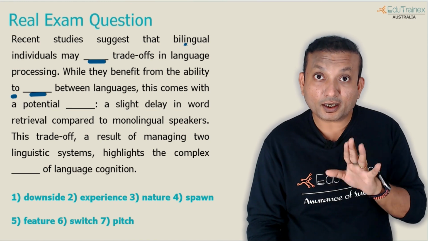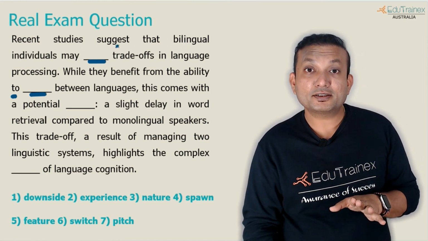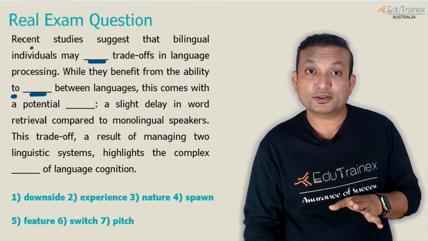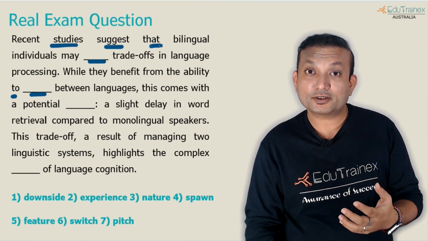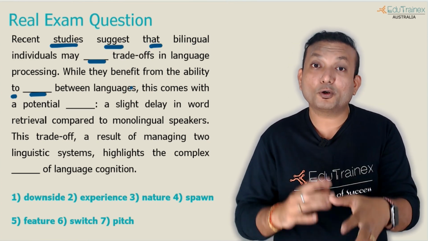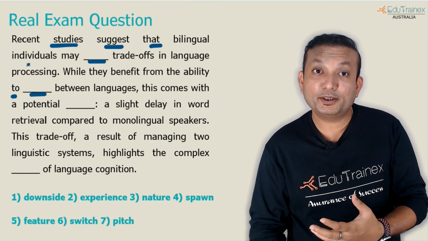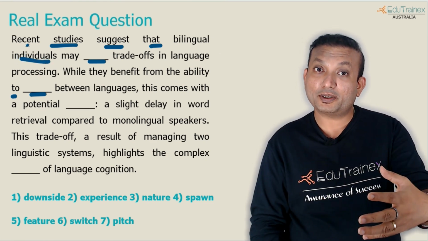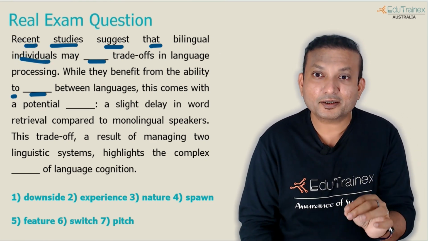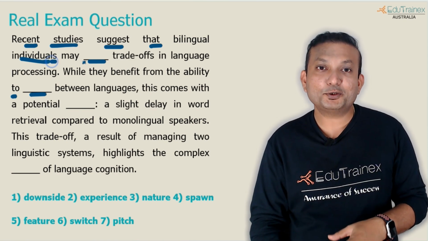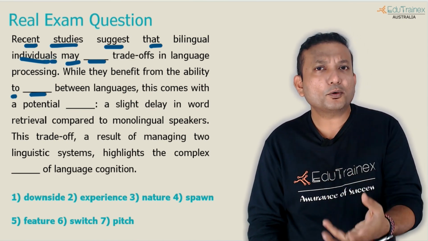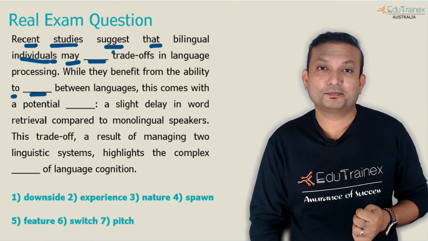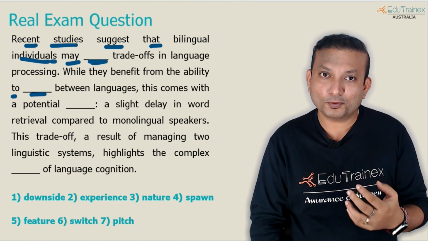Okay, now start recognizing the pattern. Recent studies suggest that. Recent studies is the subject, this is the verb, and suggest that, the whole later part can become the object. That bilingual individuals, this is the object for the first part of the sentence, but this is the subject for the next part of the sentence. Individuals may dash. May, can, could are like auxiliary verbs. They help the verbs. So what we need over here is a verb.